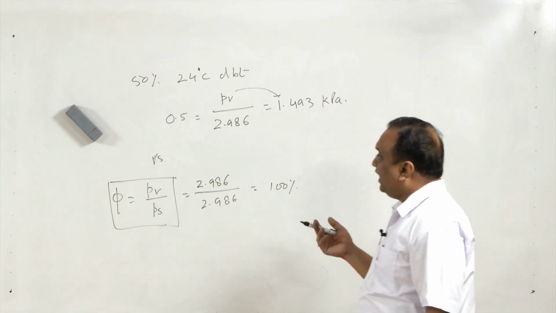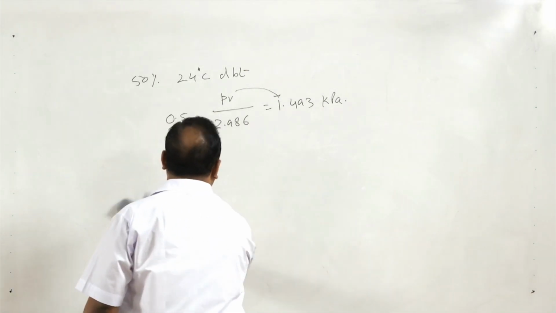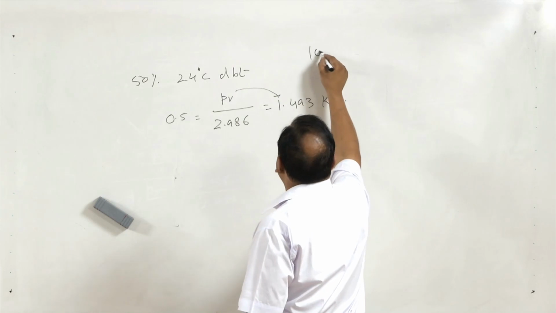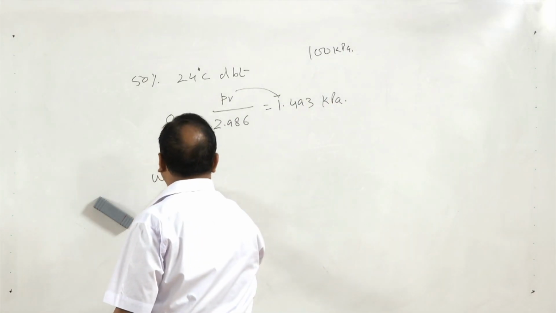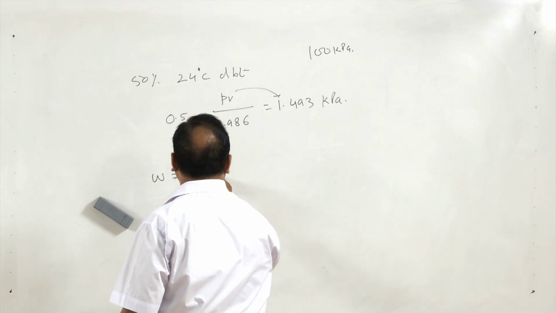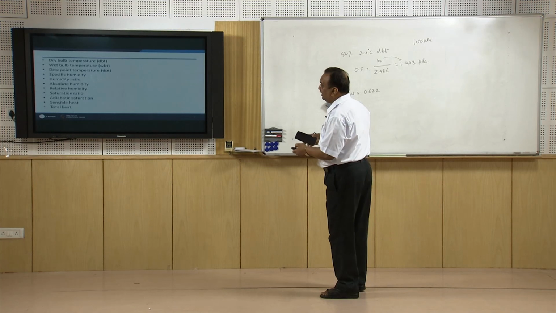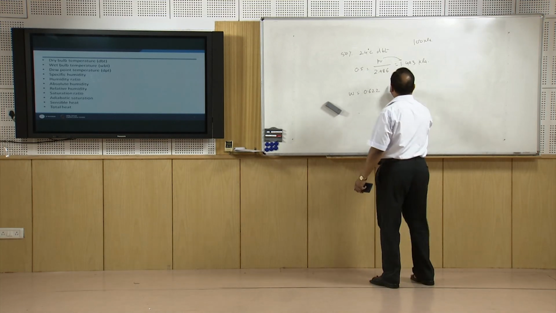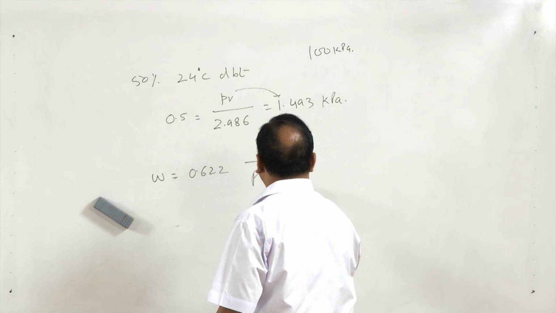Now, if I want to find the mass of water vapor in the air, total pressure is 100 kilopascal, then W is 0.622. We will use the expression for specific humidity we have derived earlier, PV divided by P minus PV, where P is total pressure.